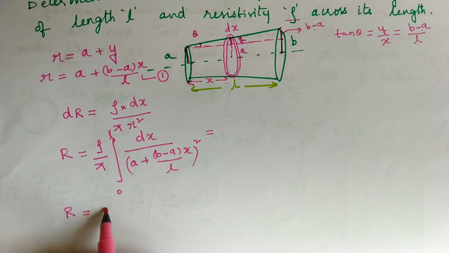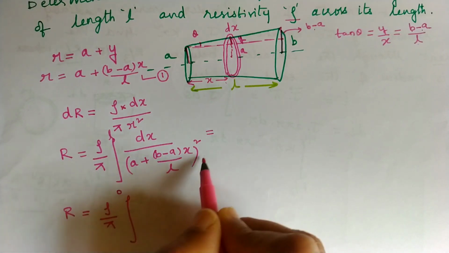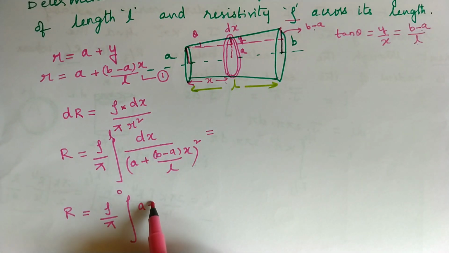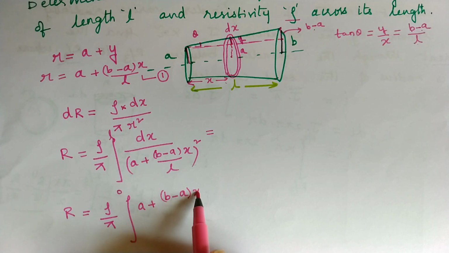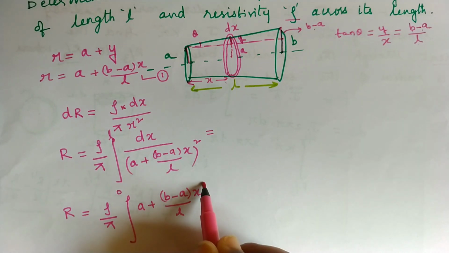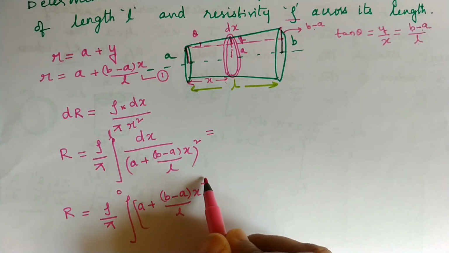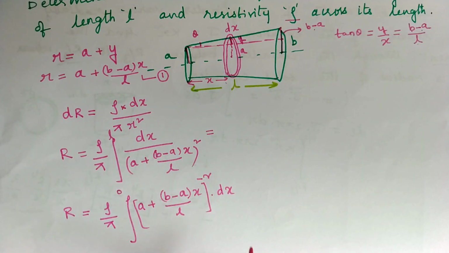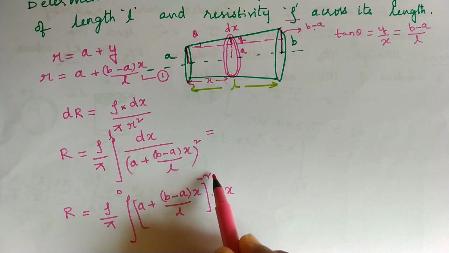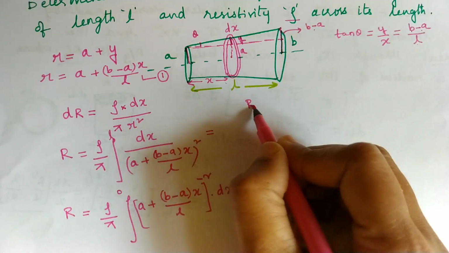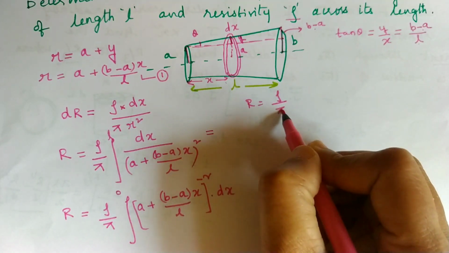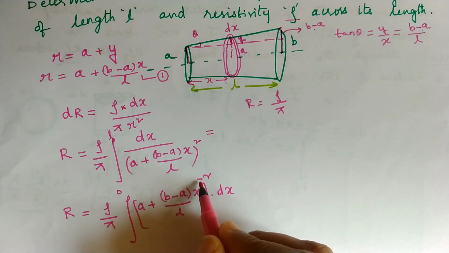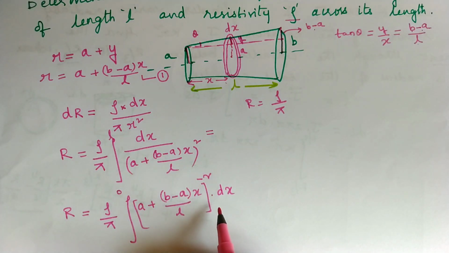R is equal to rho by pi, integral of, take this term to the numerator, (a plus (b minus a) into x by L) whole to the power minus 2 into dx. So we know the integral of something to the power minus 2. What is it equal to? This term whole to the power minus 2 plus 1 by minus 2 plus 1.